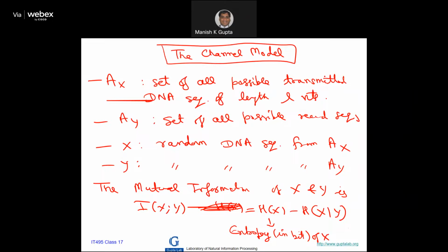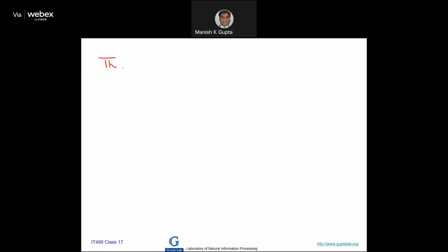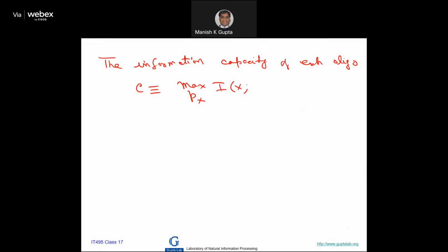Now the information capacity of each oligo is defined as C, standing for the maximum over P(X) of the mutual information I(X;Y).